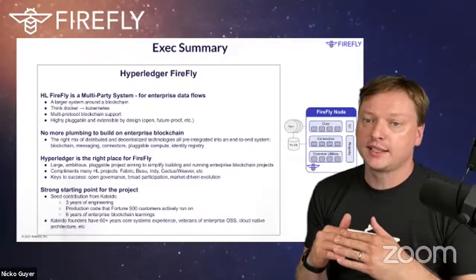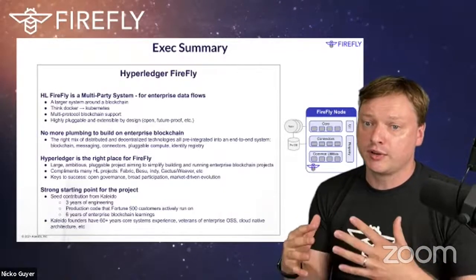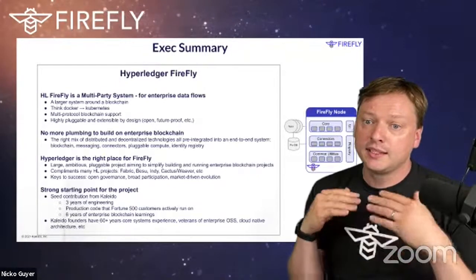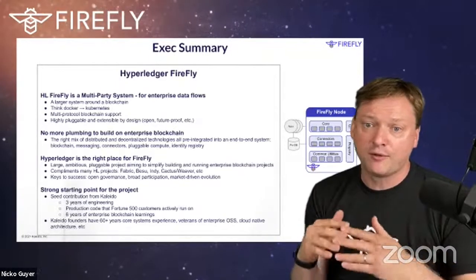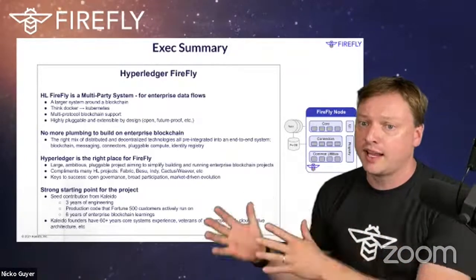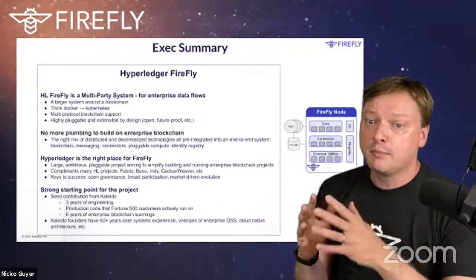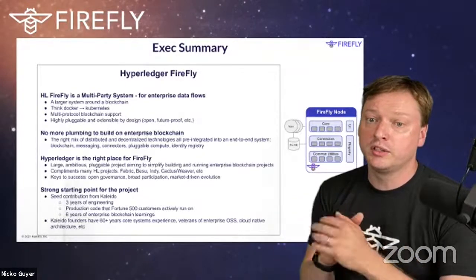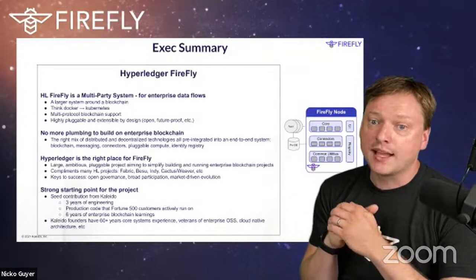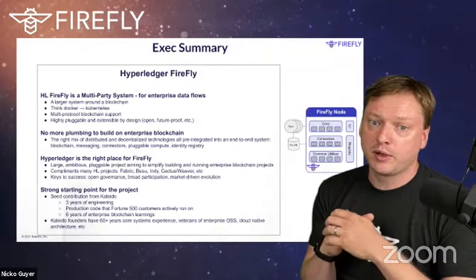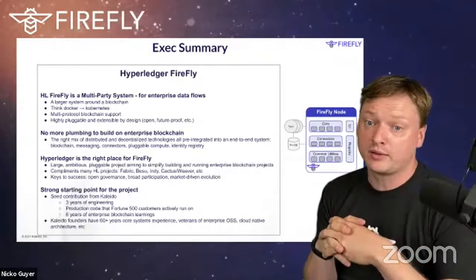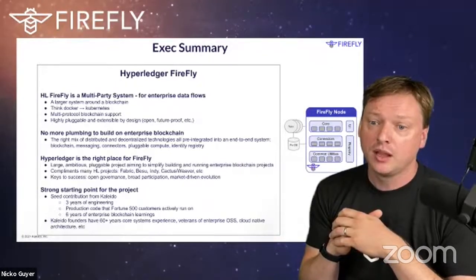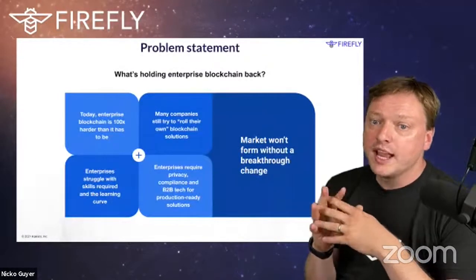Firefly is an orchestrator, an API server, a developer-centric platform with a user experience, CLI, and APIs to make blockchain tech work for a modern multi-party system. And this concept of a multi-party system is something that we're going to talk quite a bit about in this presentation because it's really where the blockchain technology is at right now. So we're going to move forwards one more slide.